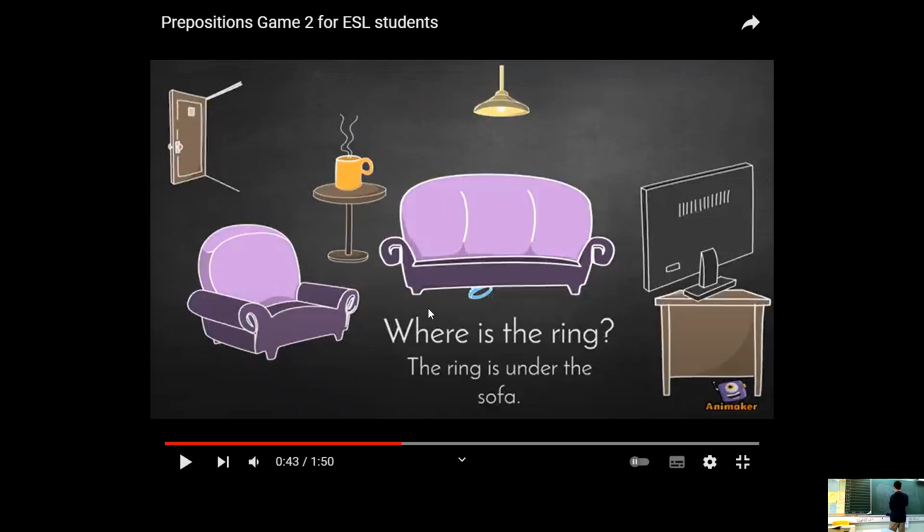We call them prepositions of place. Everybody, prepositions of place. Okay? So today we're going to learn more about this.